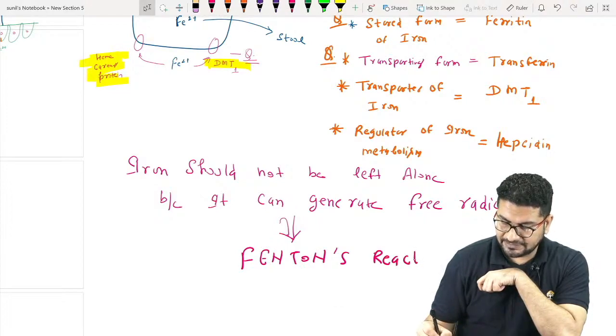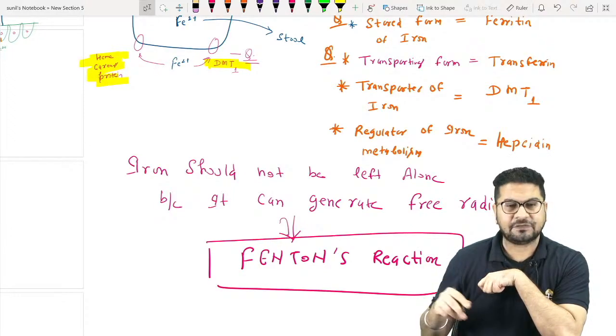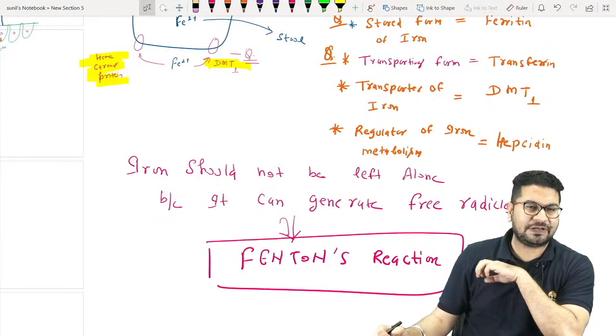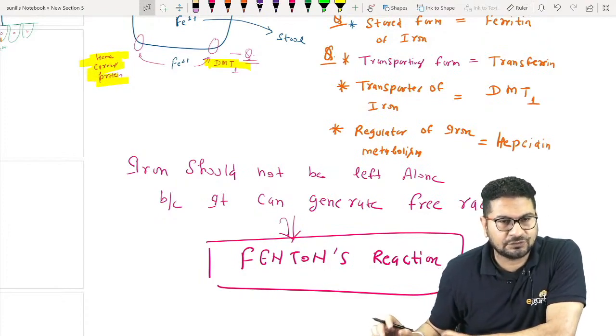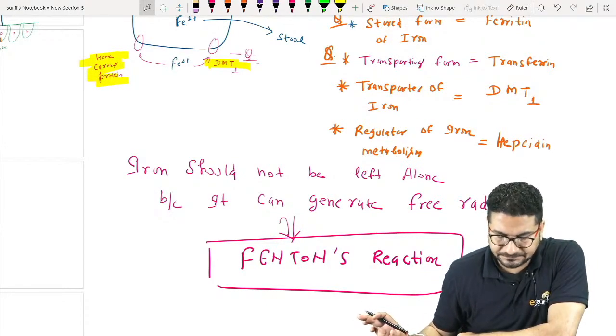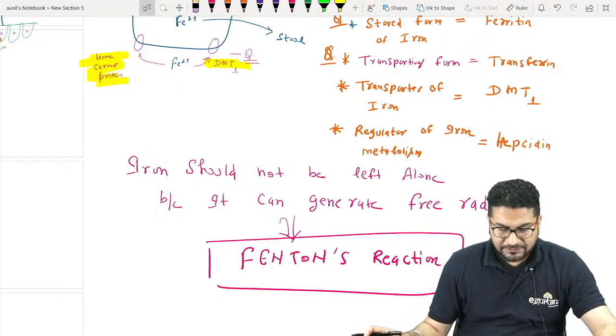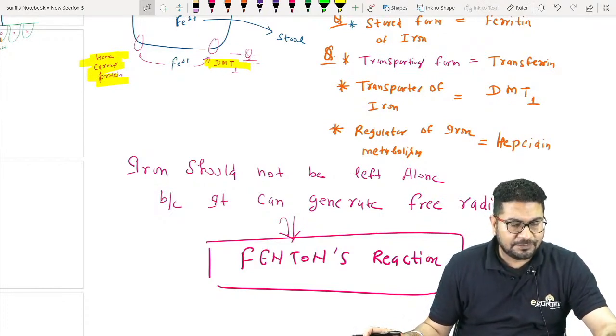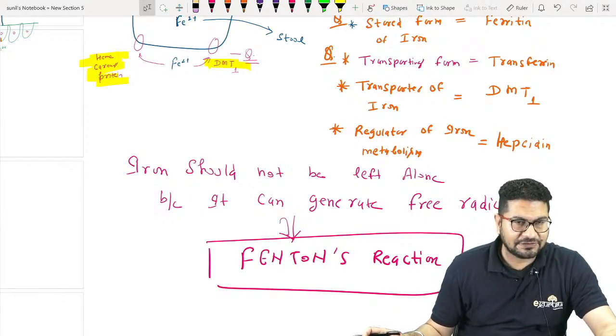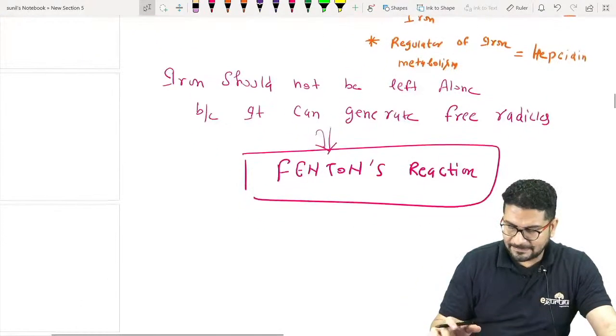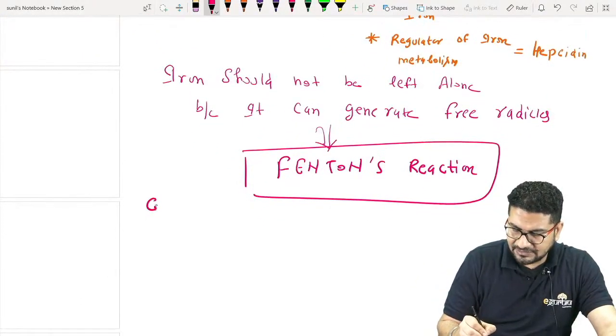We call this Fenton's reaction. So remember, iron can generate free radicals, and this reaction is Fenton's reaction. So iron should not be left alone, because it can generate free radicals by a reaction called Fenton's reaction. Am I clear, guys?